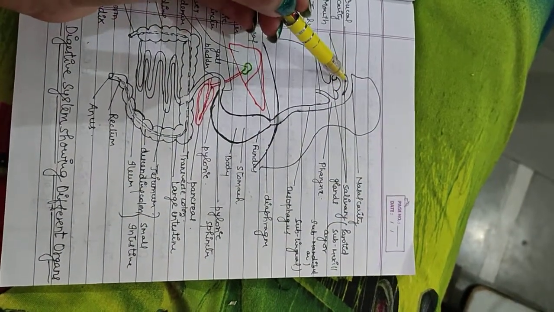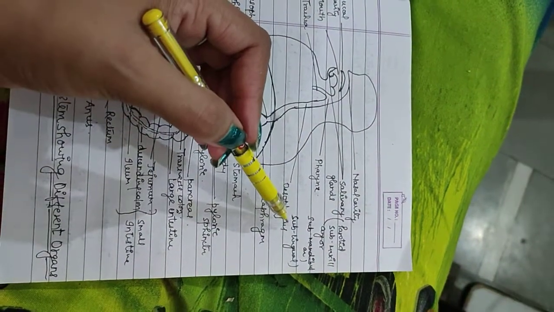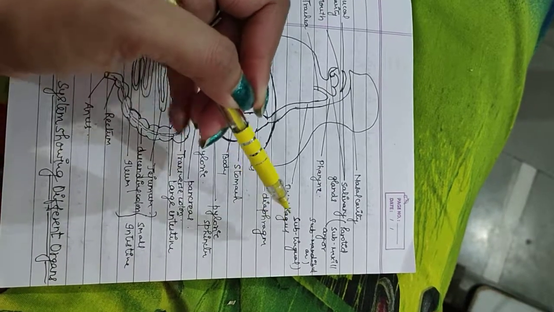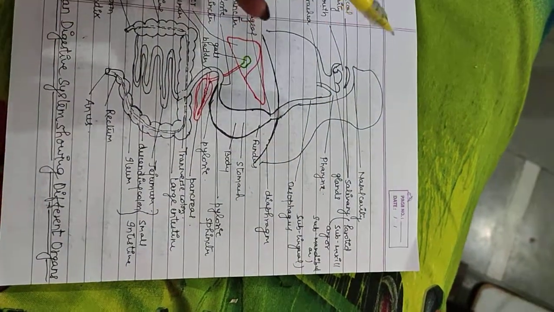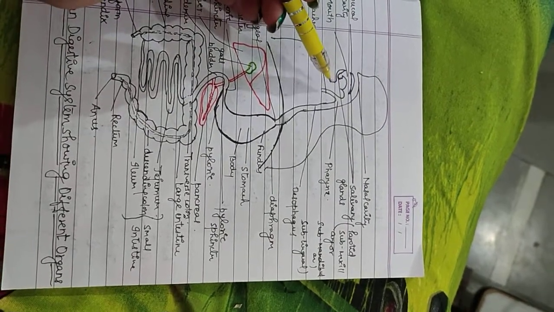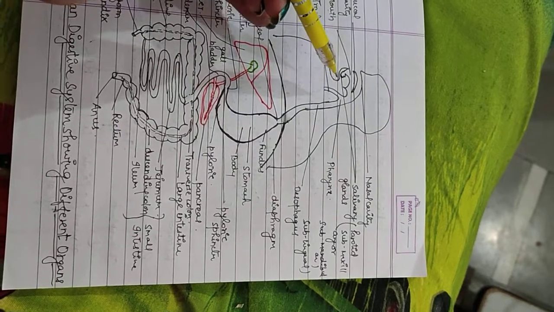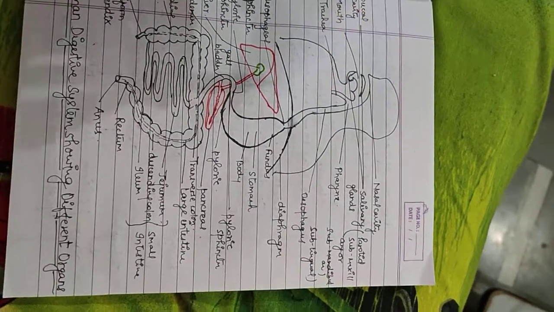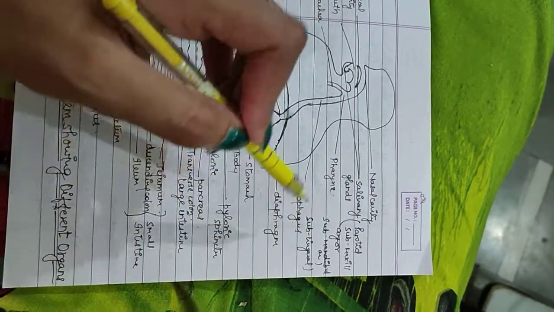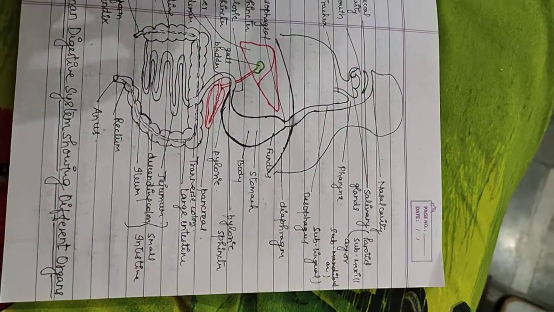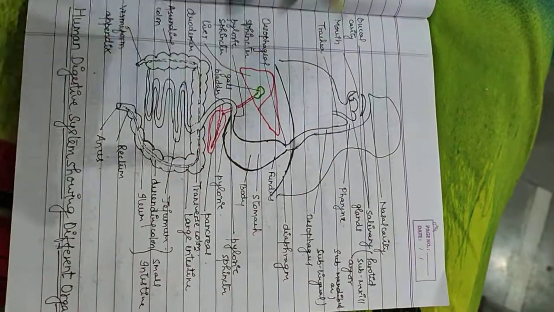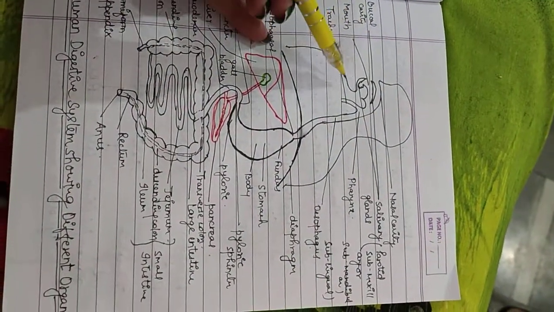Then the sublingual, one pair present below the tongue on the floor of the buccal cavity. These three pairs of salivary glands secrete about 1500 ml of saliva per day. What their function is, we will discuss in the next video.